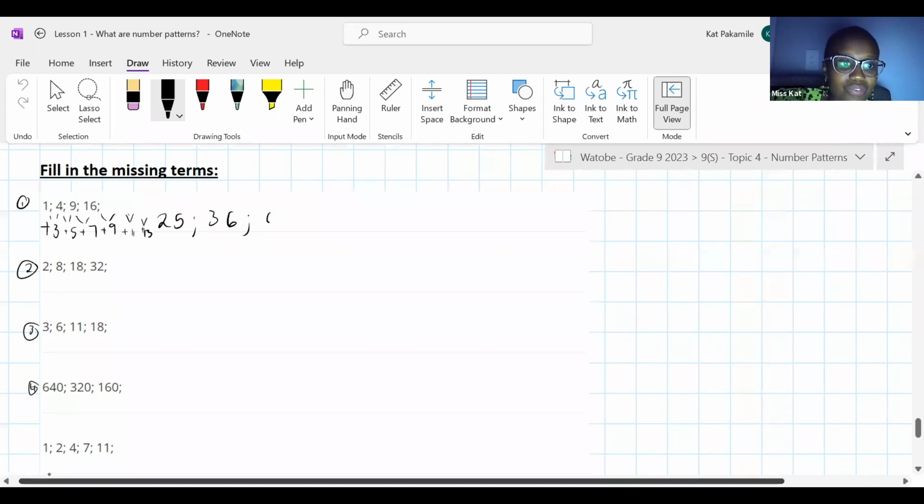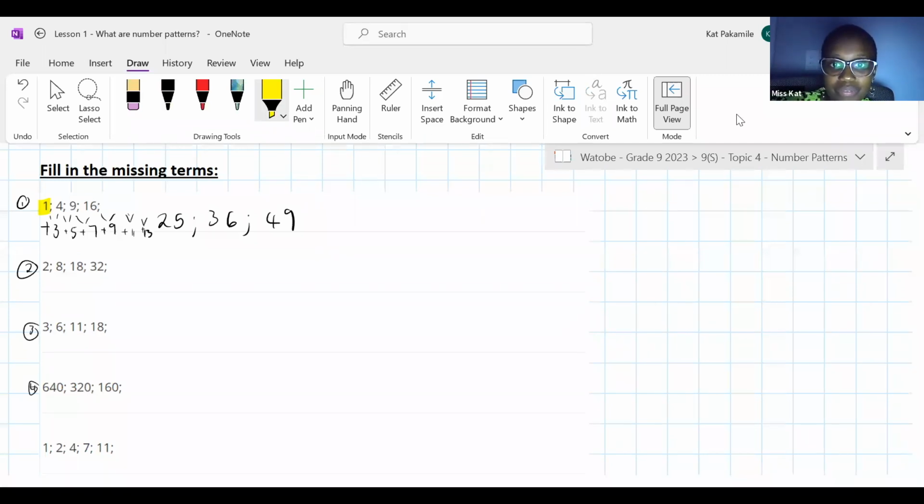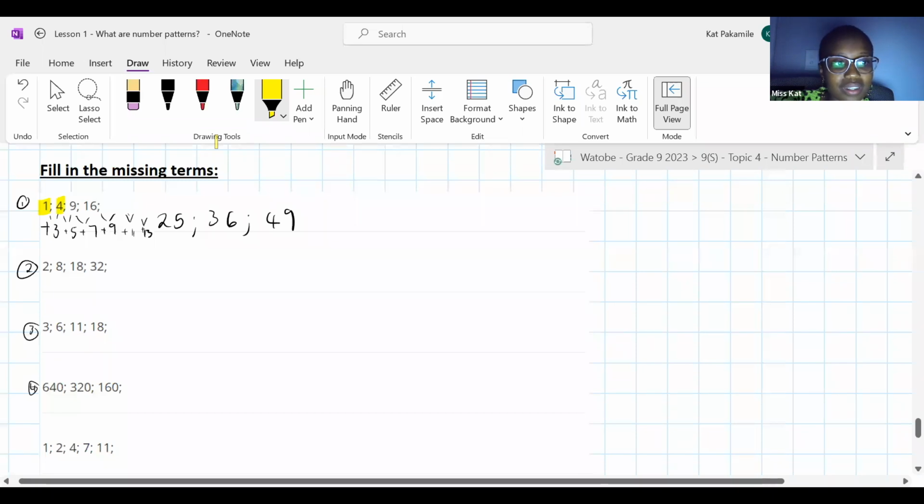You see any other pattern here? Odd numbers. What's 1 squared? 1. And 2 squared? 4. And 3 squared?